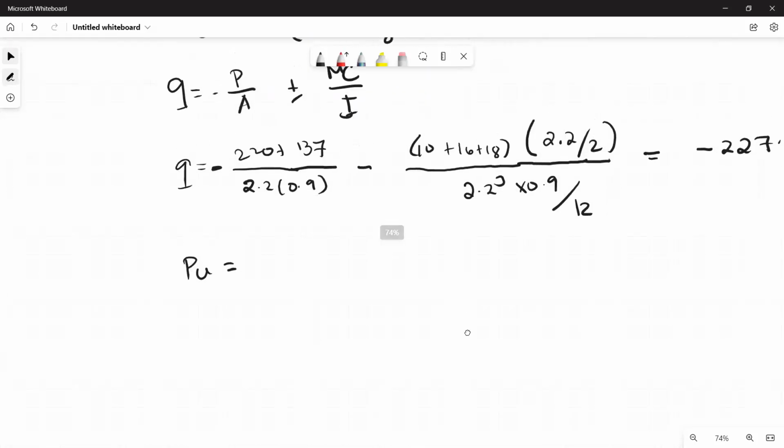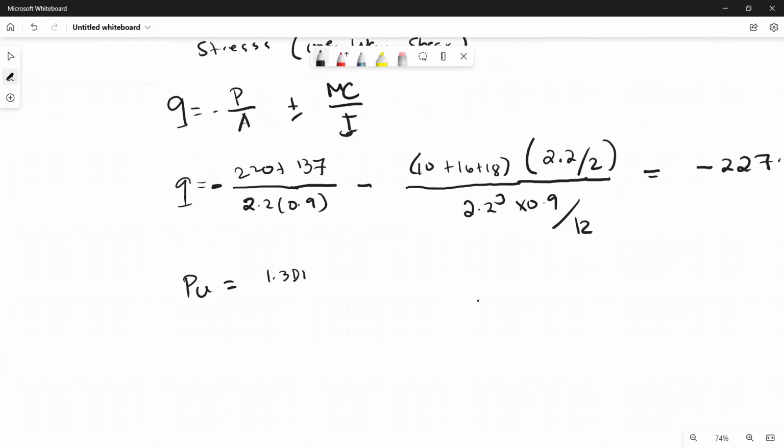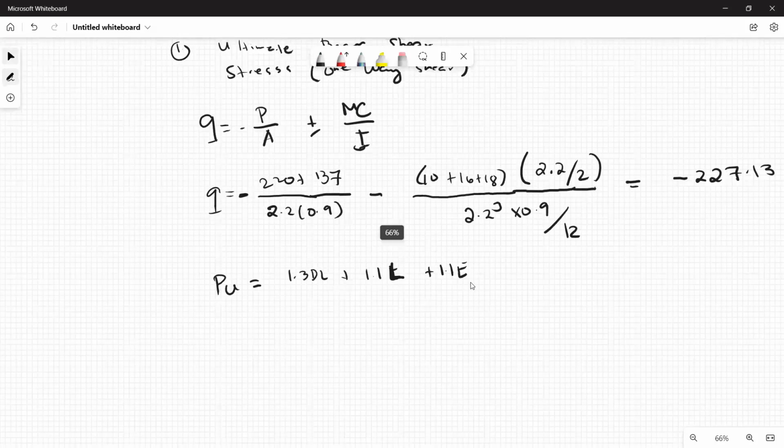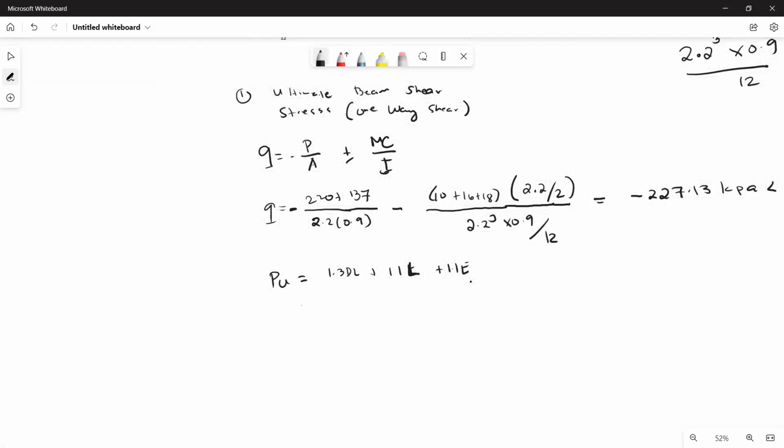factors. So load combination 1, that is 1.3 dead load plus the 1.1 live load, plus the 1.1 earthquake. Okay. So for the PU in axial, that is equals to 1.3 times 230 plus the 1.1 times the L, which is 137, plus the 1.1 times 0, which is equivalent to 449.7, okay?